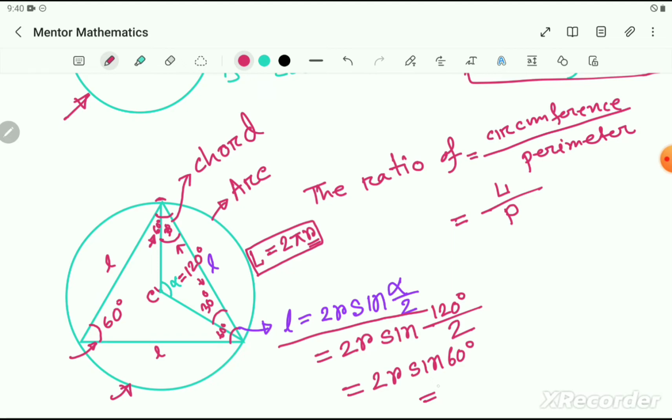What is the value of sine 60 degrees? You can memorize it from the chart. It's actually root 3 by 2, and here 2r, so the 2 we can cancel, then it becomes root 3 r.